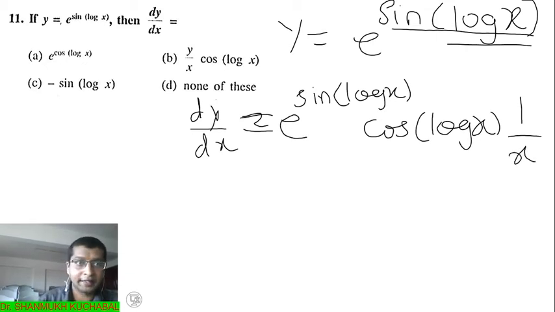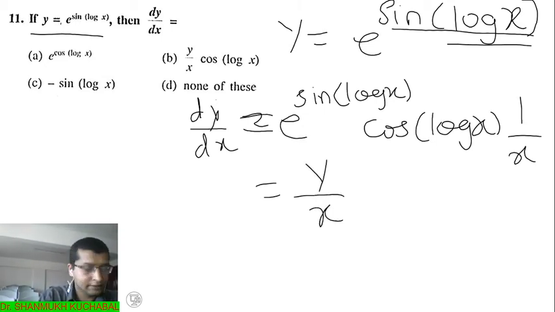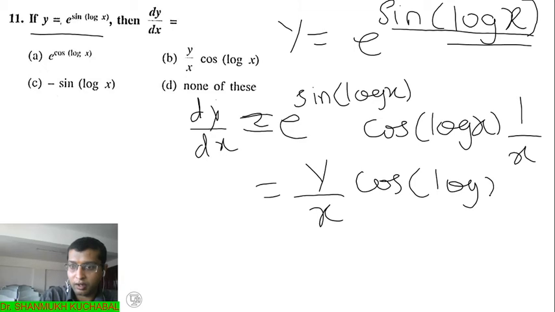So what are we getting? See here, e raised to sine log x, I take it as y, and this is divided by x, multiplied by cos of log x. Therefore option B is the right answer.